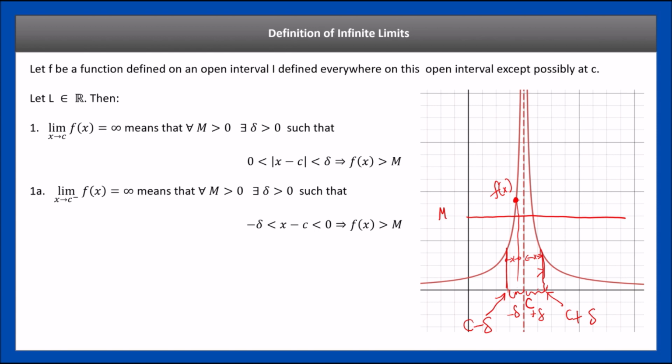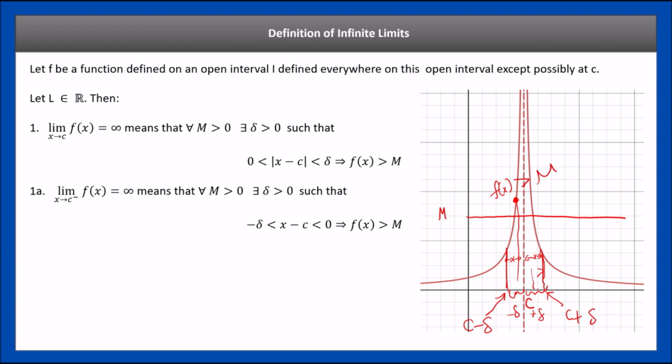It's saying that there's such a delta that if I plug in x into the function, I get a value greater than m. And this x value must be such that the distance from x to c is smaller than delta. If that happens, we get something greater than. So obviously f of x is greater than m here.